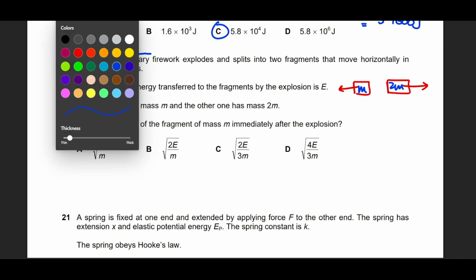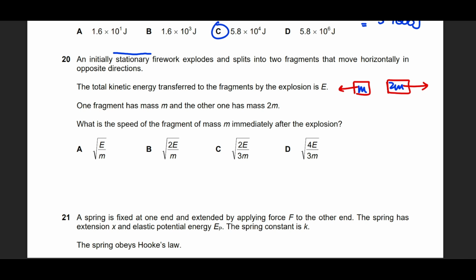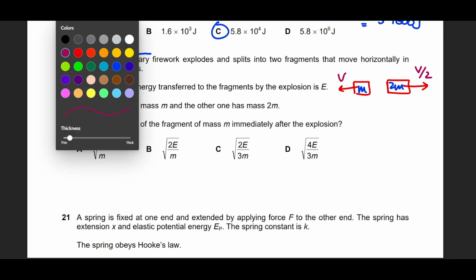So we understand that in order for this to have equal and opposite momentum, if this is velocity v, then this would be v by 2, because then this becomes mv, this becomes 2m multiplied by v by 2, again becoming mv. So yes, this is acceptable, that the left momentum is mv and the right momentum is mv. When you add them together, this becomes 0. So this seems like a plausible answer, and that is how we have assumed the velocities in these situations, right?